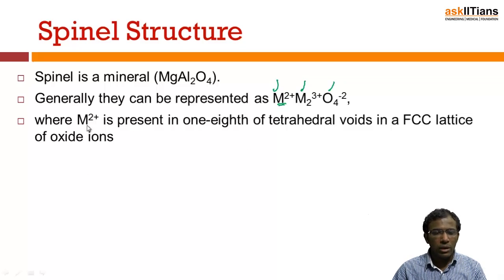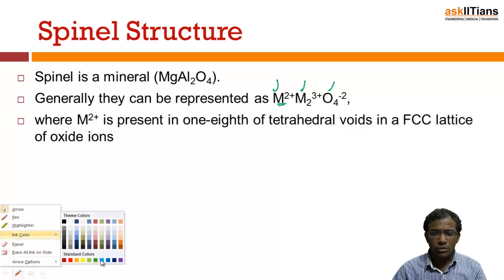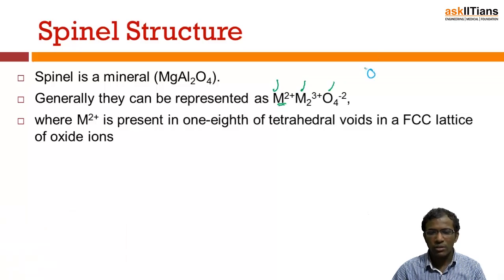The M+2 ions are present in 1/8 of the tetrahedral voids in the FCC lattice of oxide ions. So write down here, the oxide ions are forming an FCC lattice, and the M+2 ions, in this case the magnesium ion, are present in 1/8 of tetrahedral voids.